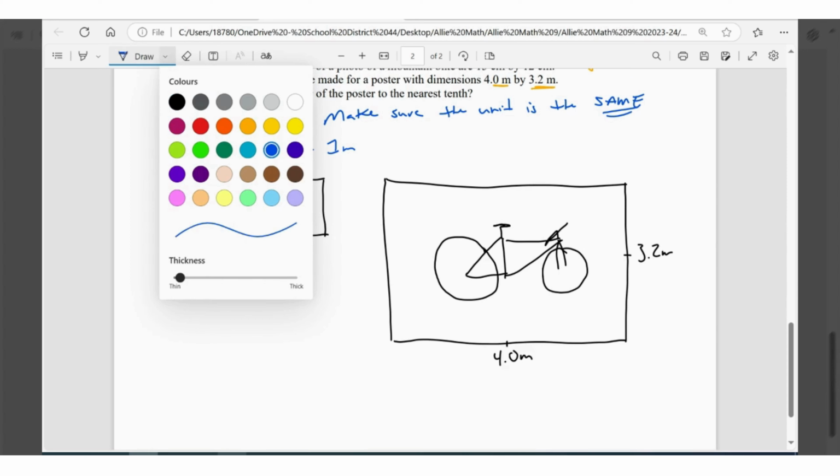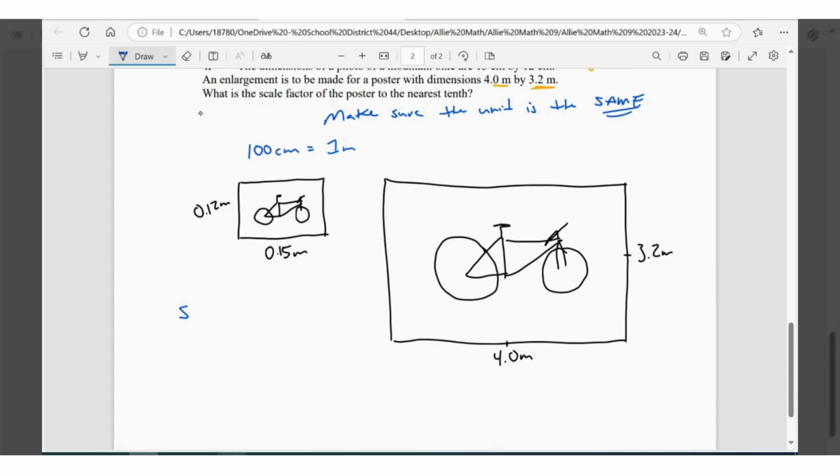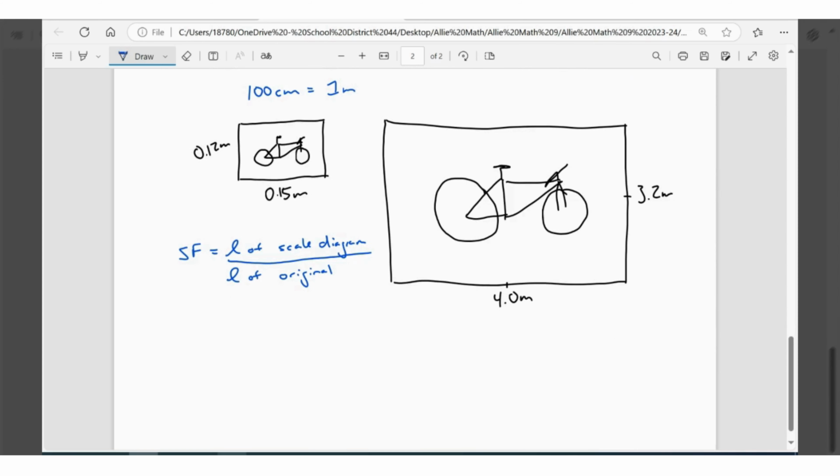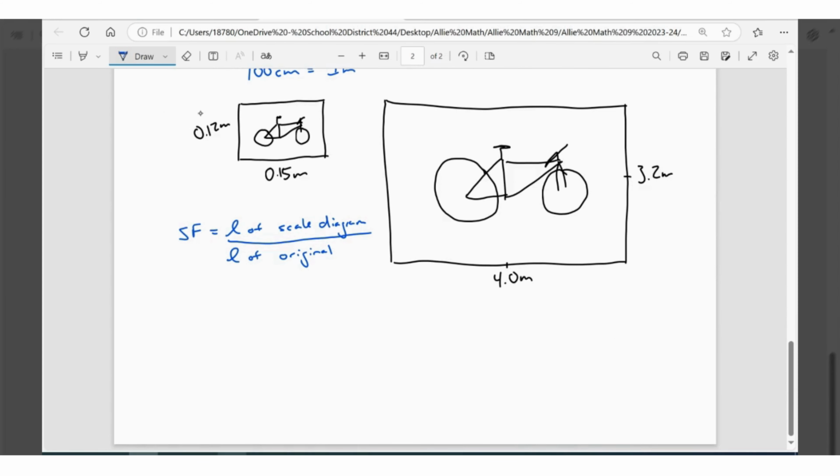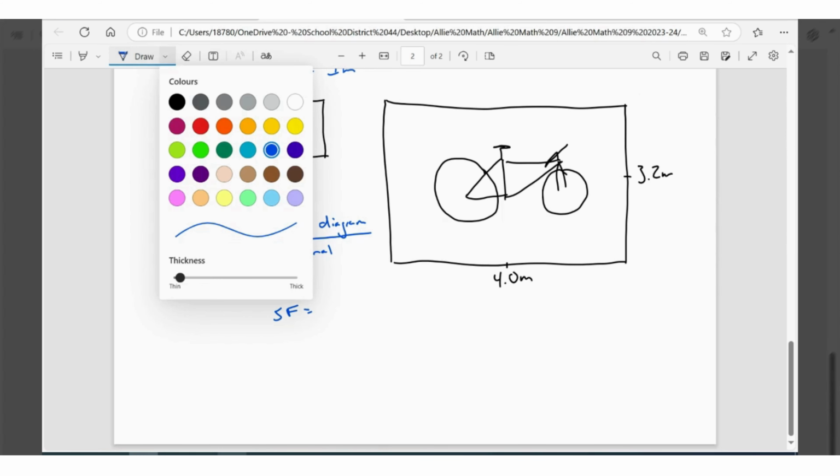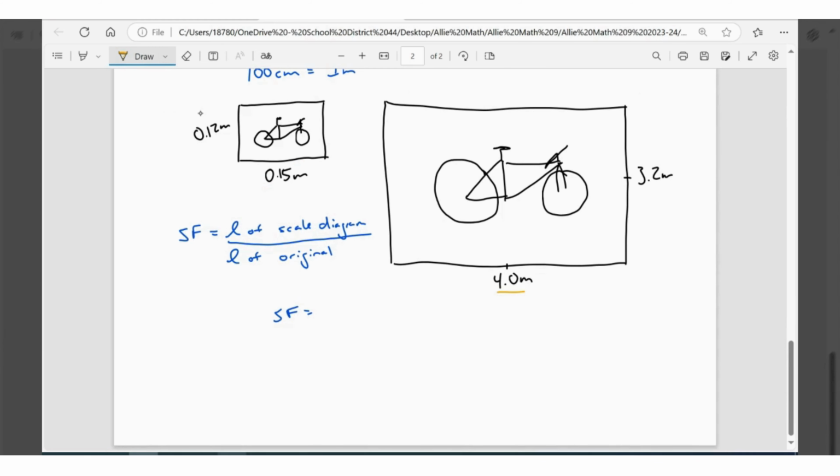Well, as you recall from the very top of our notes, the scale factor equals the length of the scale diagram over the length of the original. So for our scale factor, the length of the scale diagram, that's this one right here. We have our scale diagram.